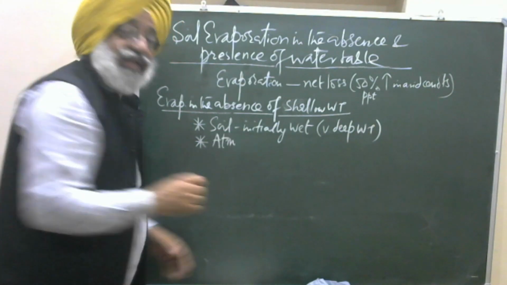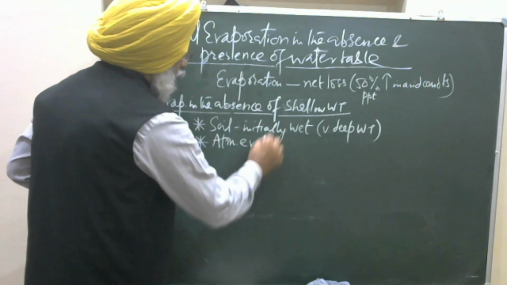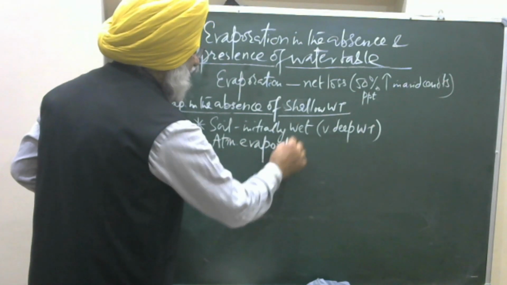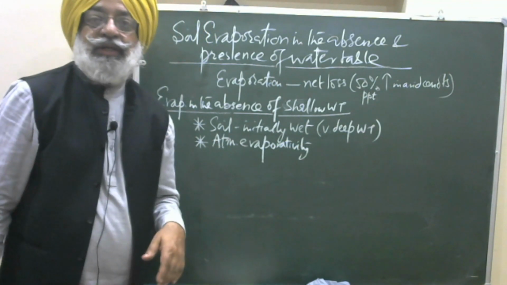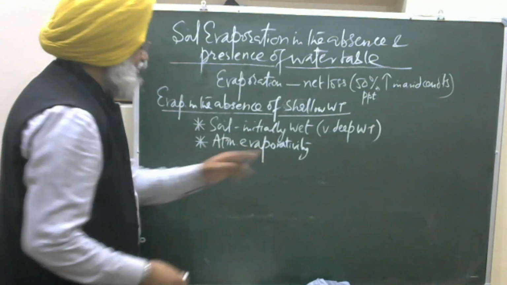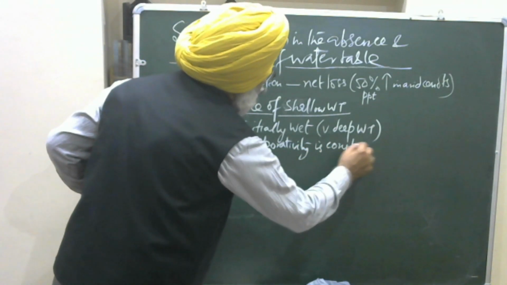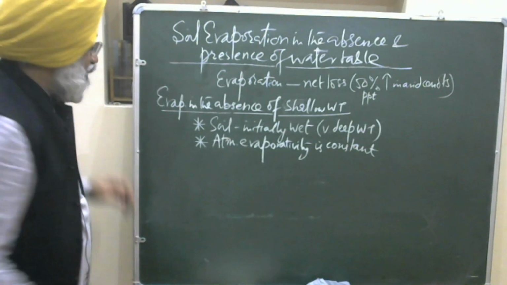But here we are assuming that atmospheric evaporativity, or as we discussed last time, the demand of the atmosphere for the moisture, is constant. So keeping these two assumptions in mind, we will see what happens to evaporation.